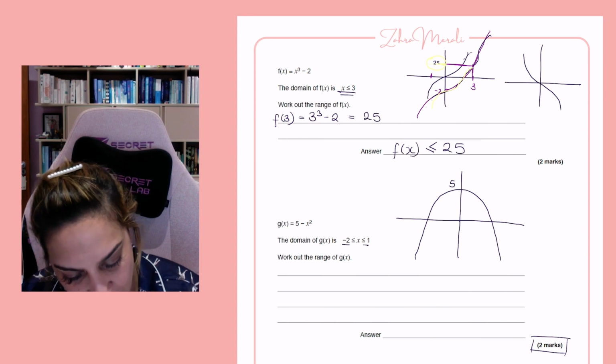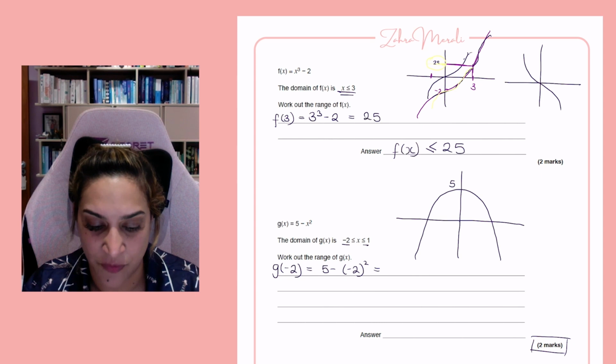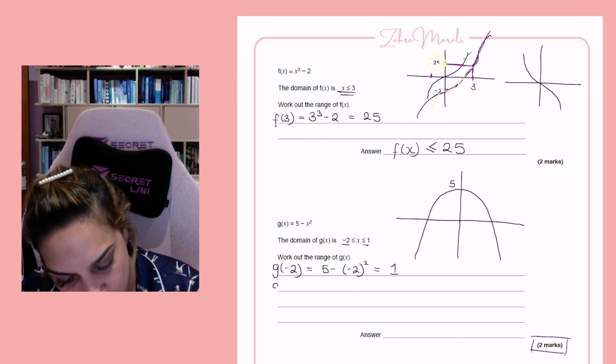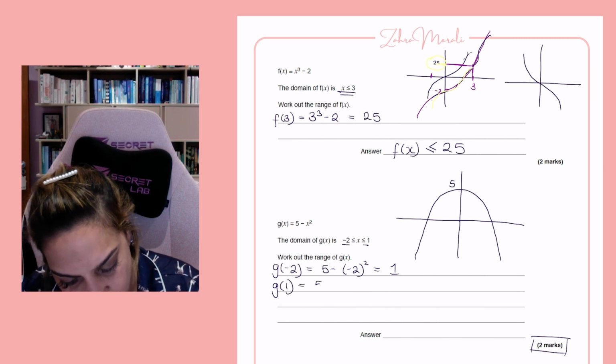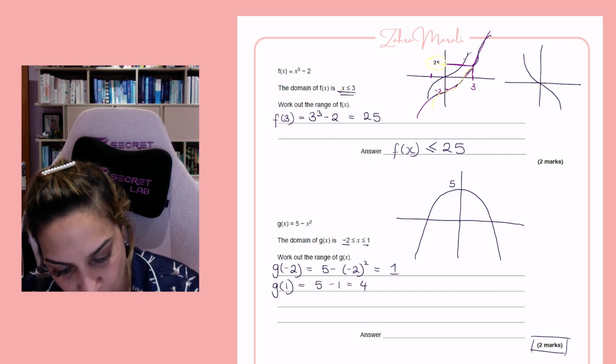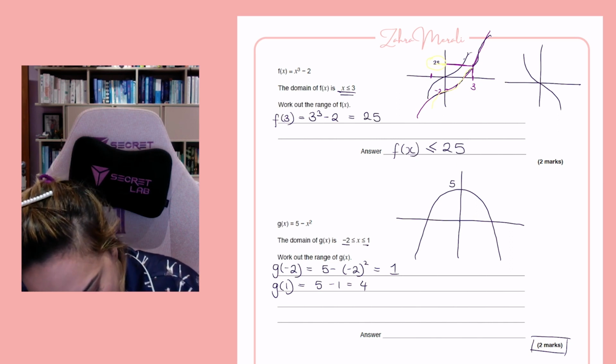Lots more questions. So anyway, we're going to work out what g of minus 2 is. So we get 5 minus 2 squared. Minus 2 squared is 4. 5 minus 4 is 1. And g of 1 is going to be 5 minus 1, which is 4. So if we think about the area that we're looking at, x is minus 2, and then when x is 1, so let's put 1 here.